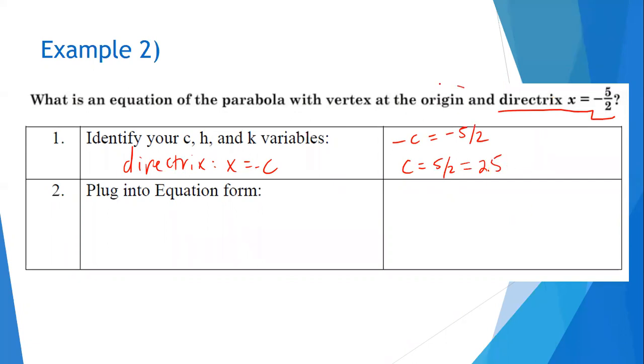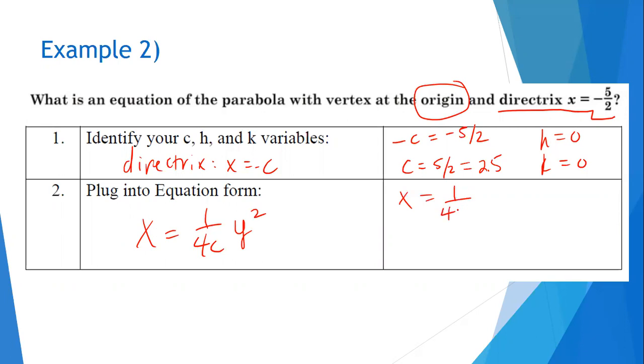And we know that because it's at the origin, h equals 0 and k equals 0. So the equation that we're plugging into is x equals 1 over 4c y squared. So we have x equals 1 over 4 times 2.5 y squared. So you should have gotten 1 over 10 y squared.